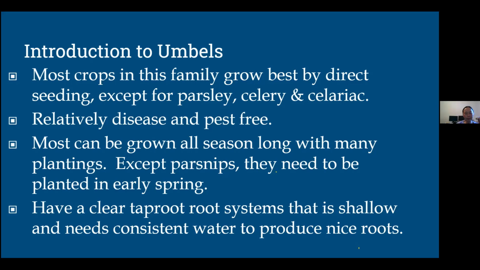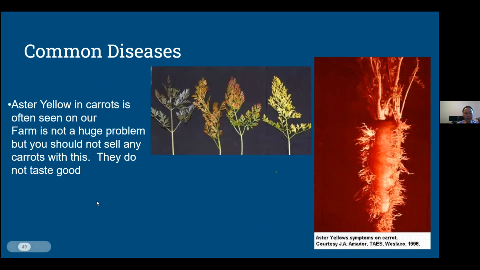They have a clear taproot system that is shallow and needs consistent water to produce nice roots. One of the common diseases is aster yellow in carrots. This is caused by a bacteria, which is passed by an insect called the aster leafhopper.